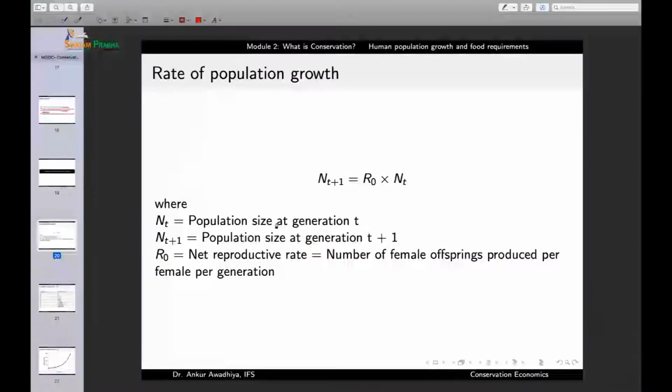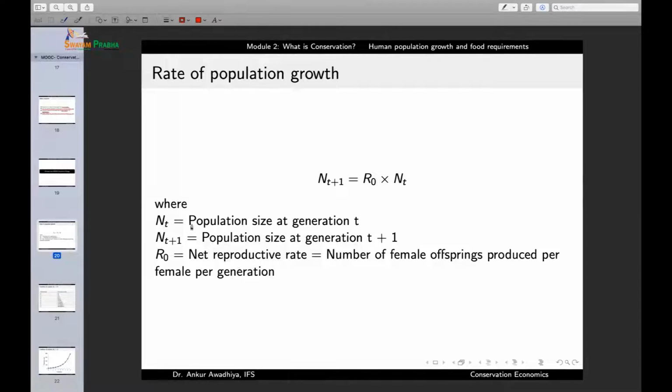So, the time step it takes to double is 25 years. So, at the t plus 1th step, you have a population that is twice that at the tth step, which is what this equation says.